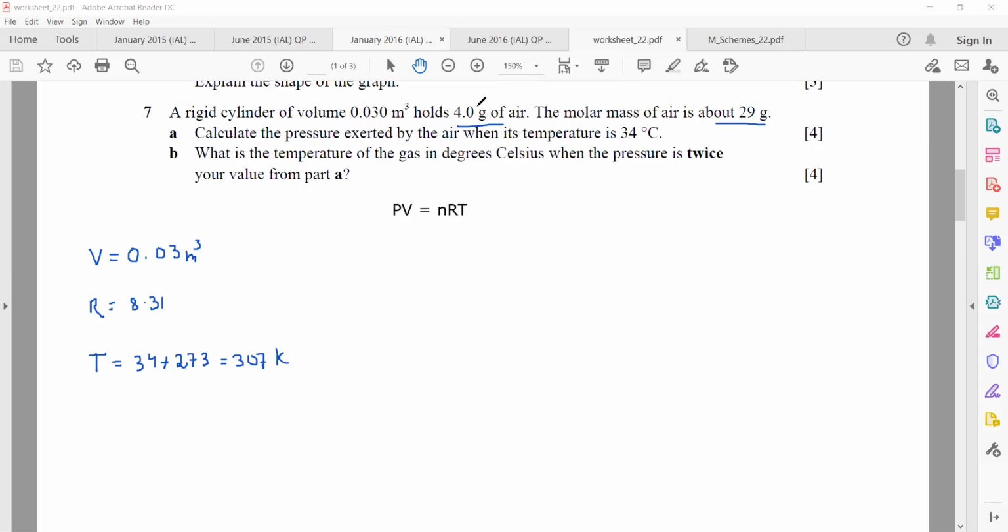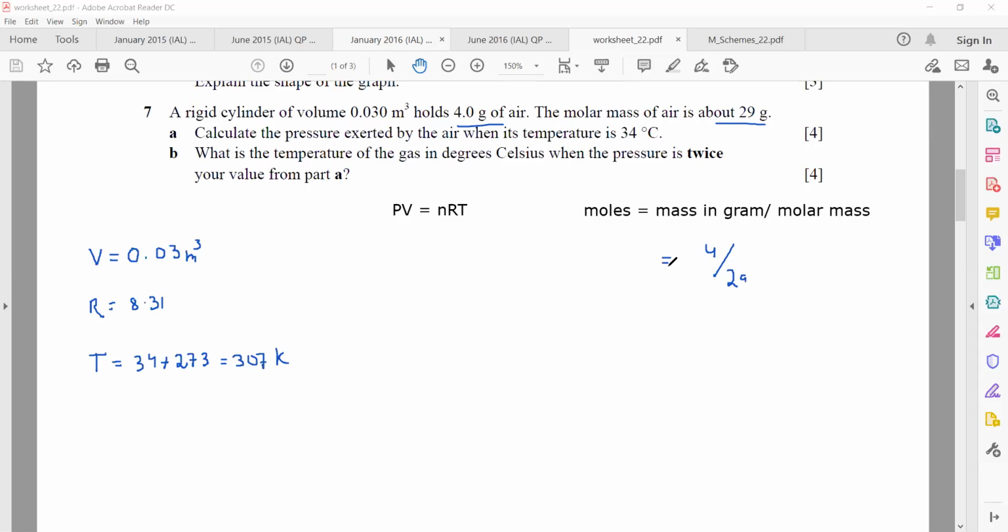But we have to find moles, and how to find moles? As we know, if we know the mass in gram and the molar mass, we have the formula: moles equals mass in gram divided by molar mass. The mass in gram is given as 4 and the molar mass is 29.